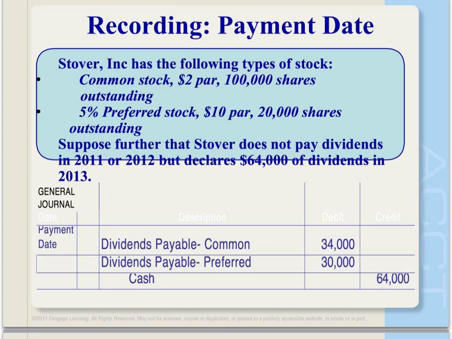Next, when we go to the payment date, again reminding you that at the date of record there is no journal entry, we clear the payable and pay out the $64,000.